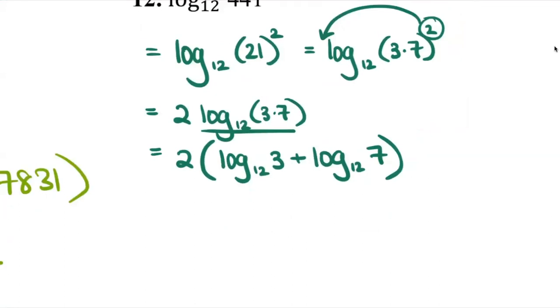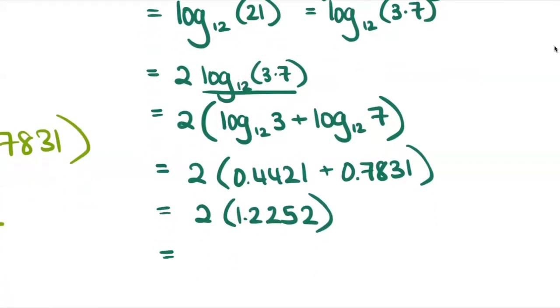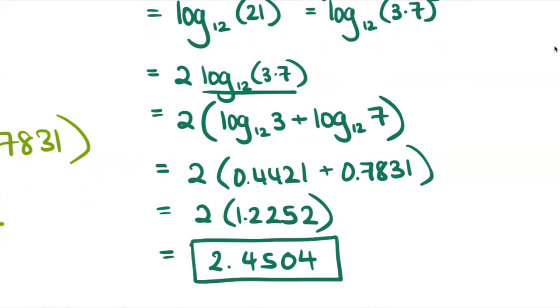I'm going to put parentheses around that whole thing because I know I'm going to be multiplying 2 times that whole thing. So this was 0.4421. This was 0.7831. And this time I'm going to add those together first. And then I'm going to multiply. 1.2252, times 2, 2.4504.